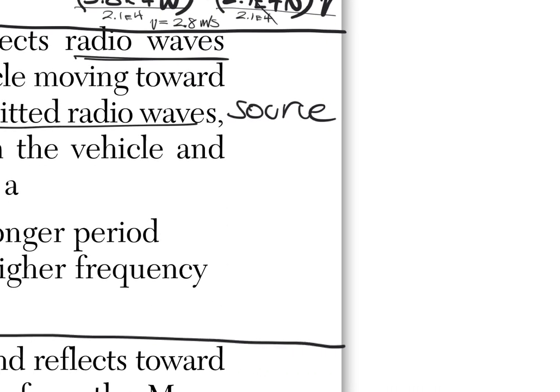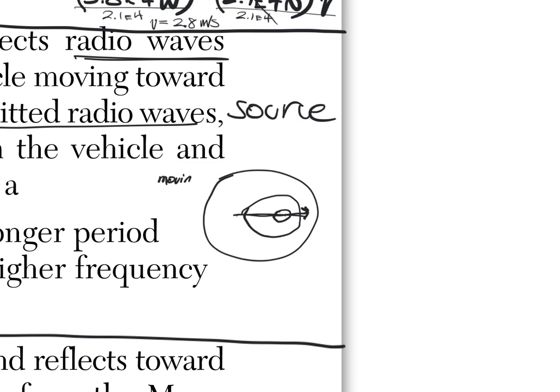If the source is moving this way, that's the velocity of the source, then the waves that the source is making tend to bunch up in the front and spread out in the back. So this would be moving away from this side, and this is approaching on this side.